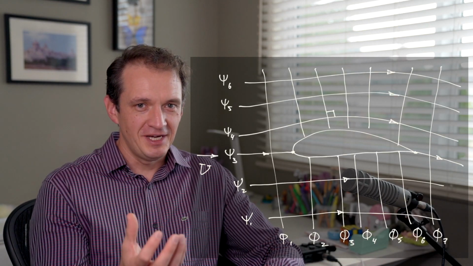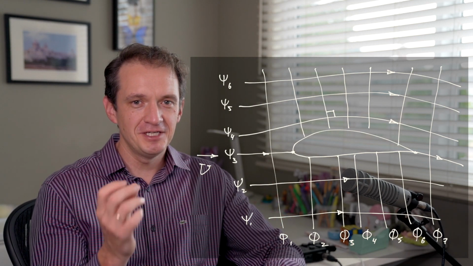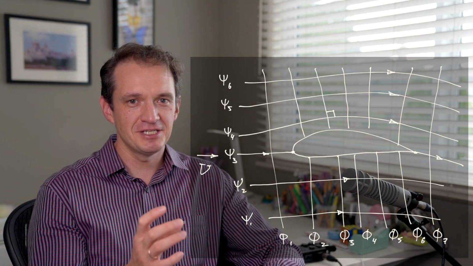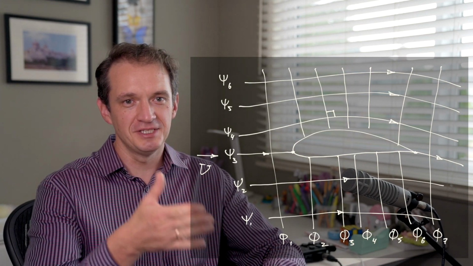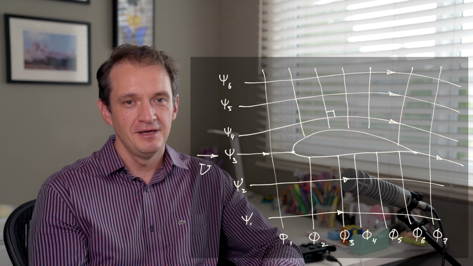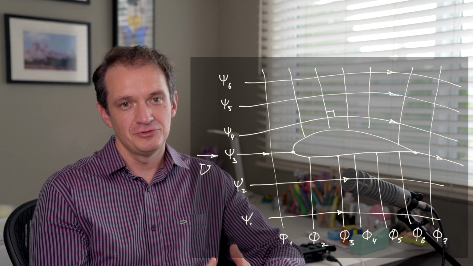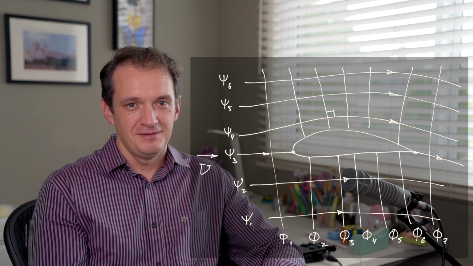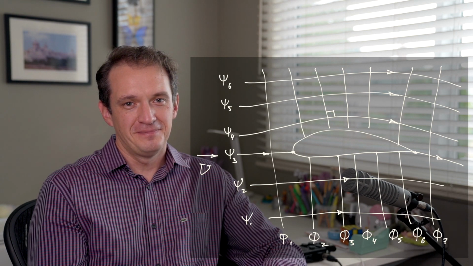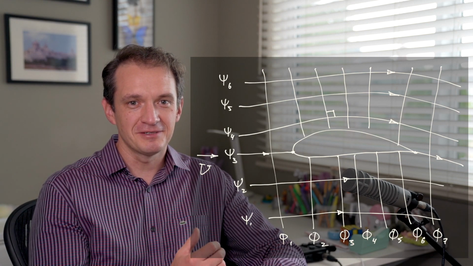In order to do that, we would need a numerical mesh of our flow field. And a very useful property of a numerical mesh is orthogonality, so we would need grid lines that are orthogonal to each other at any point. One way of doing that is to solve the elliptic partial differential equations, one example of those being Laplace's equation.